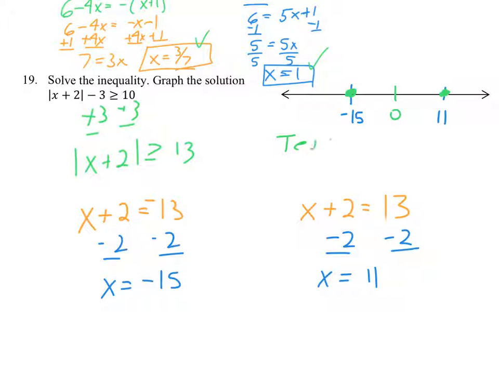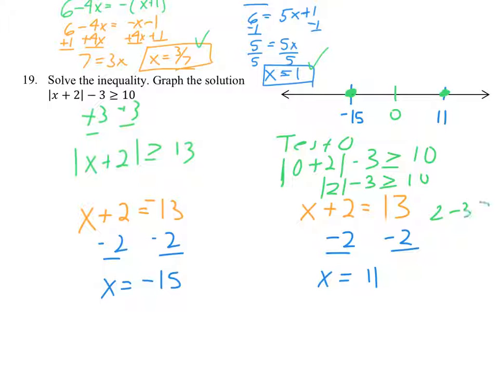So if I test 0 in that absolute value inequality, I get the absolute value of 0 plus 2, minus the 3, is greater than or equal to 10. So absolute value of 2 minus 3 is greater than or equal to 10. Well, that's not going to work out. So negative 1 is greater than or equal to 10. So this is clearly false.